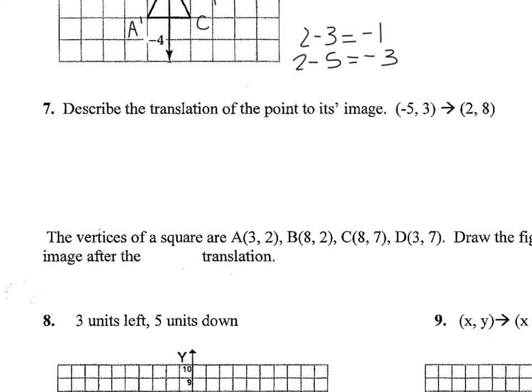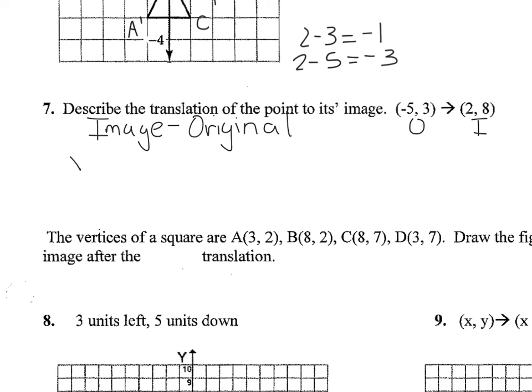So now we're going to take a look at how to describe a translation. Remember that the first ordered pair is from the original figure, and the second ordered pair is from the image. So in order to describe the translation, I'm going to take the ordered pair of the image and subtract the ordered pair of the original figure from that.